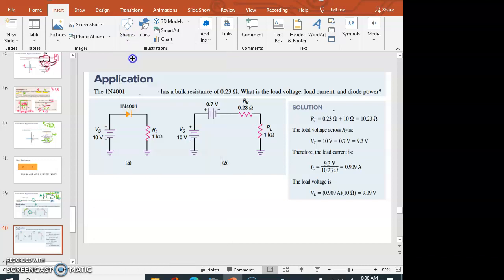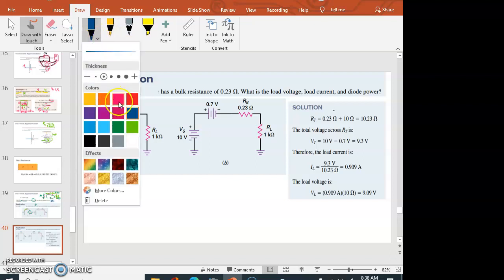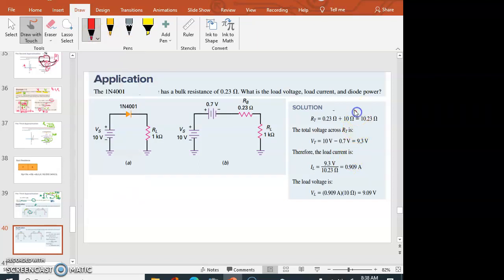Okay, so this is supposed to be 1000 ohms, but rather it had only considered 10 ohms. So this is not the solution for this.